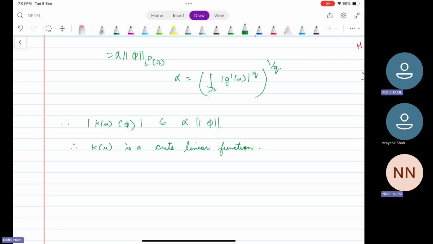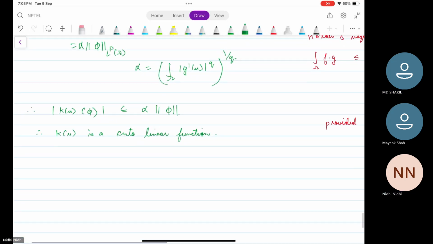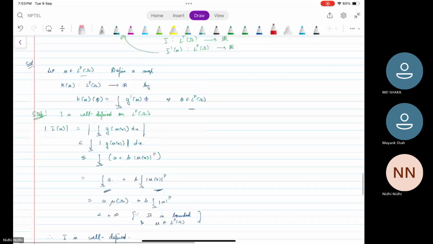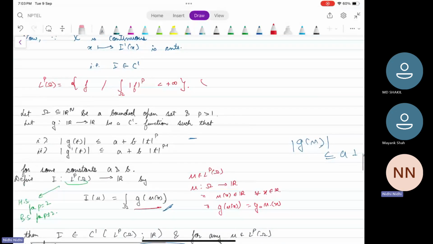Next, the norm on L^p spaces, how is it different? On L^p spaces, we have the norm L^p of Ω, which is equal to the integral over Ω of f to the power p, whole to the power 1 by p. This is how we define the norm on L^p space.